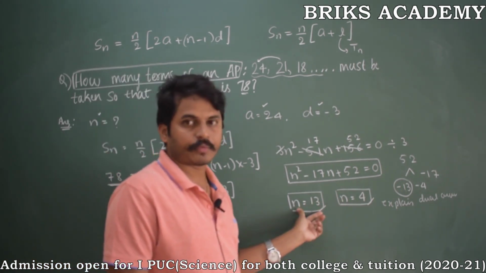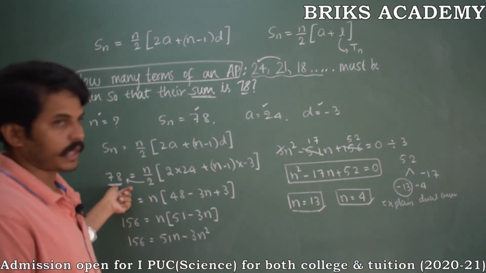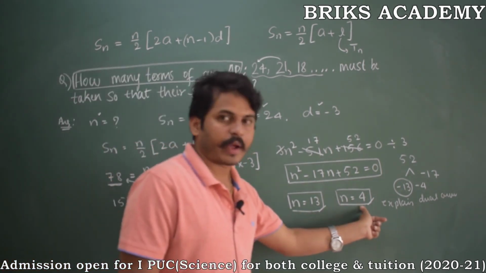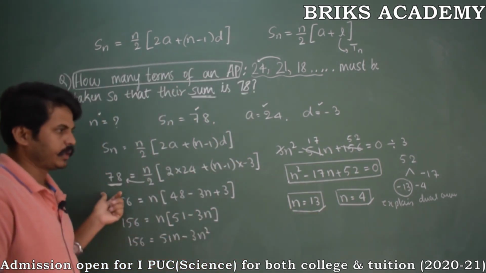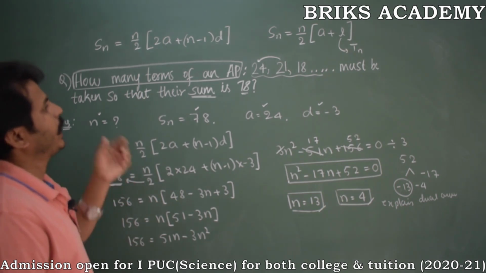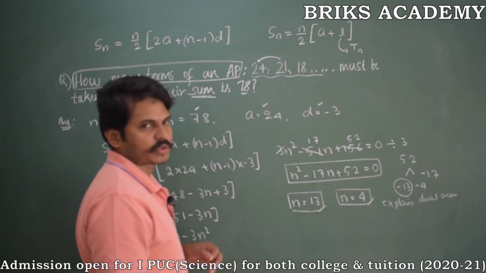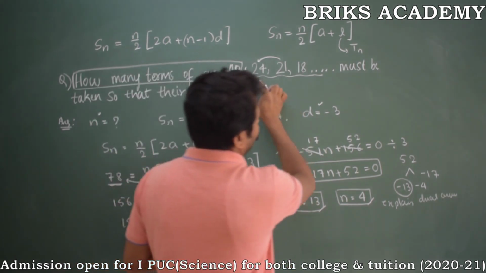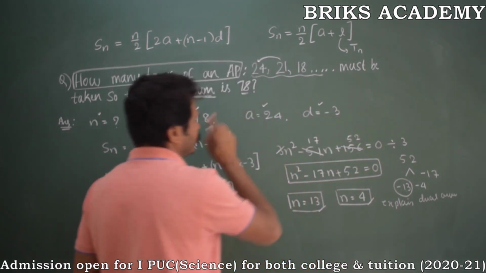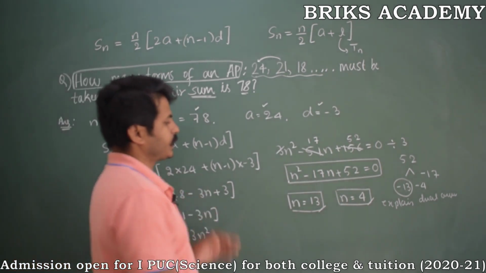Whether 13 terms if you add, you will get 78 as answer, and 4 terms if you add, you will get 78 as answer. True? If you want, write it down and check. Write 4 terms and add it. Check how much you are going to get. Write 13 terms and add it. Check how much you are going to get. Both the answers are correct.